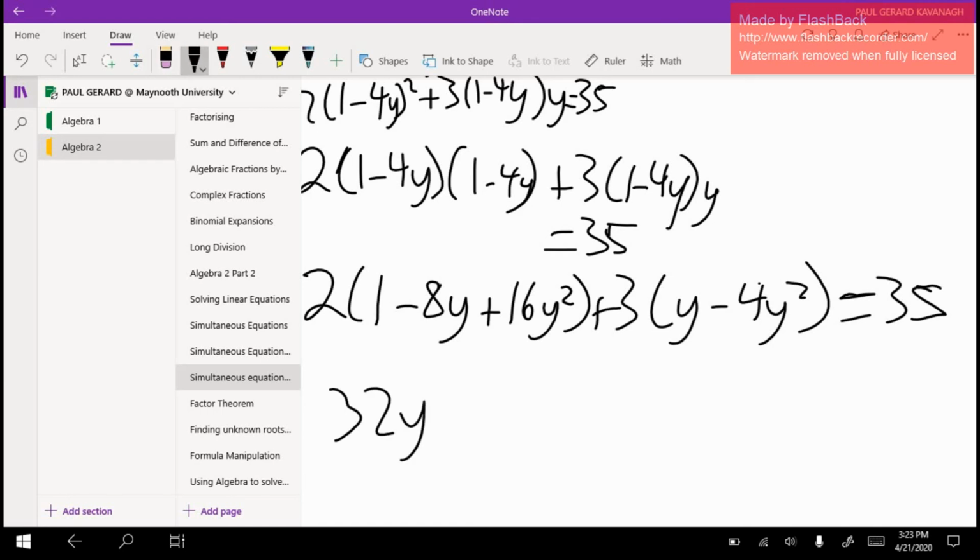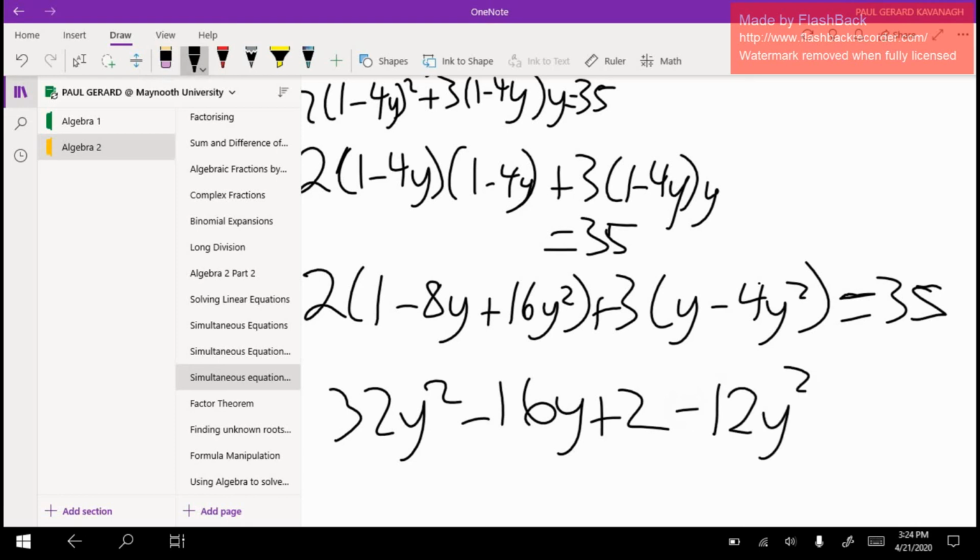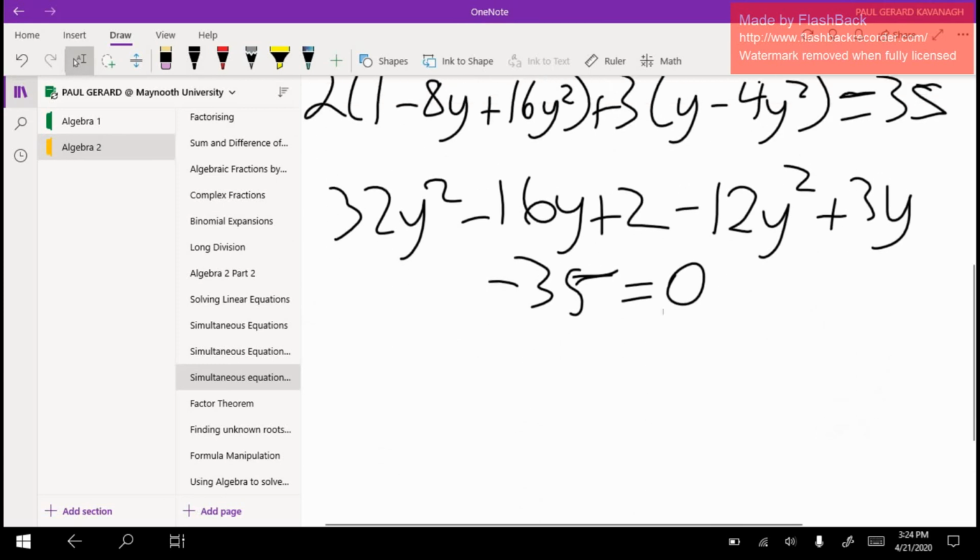So now we're going to say 32y squared, minus 12y squared, plus 3y. We're always going to try to put the squared terms before the non-squared terms. Always try to have your equations equal to 0. It makes it a lot easier to solve.